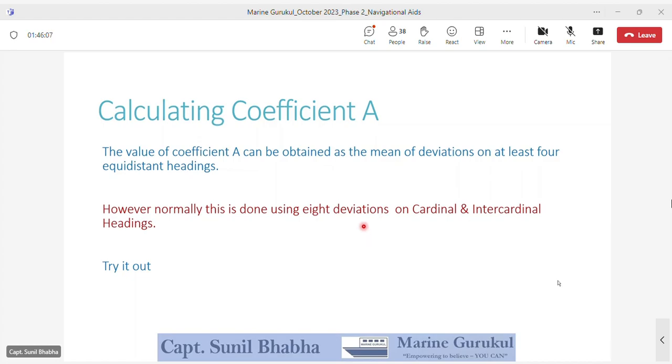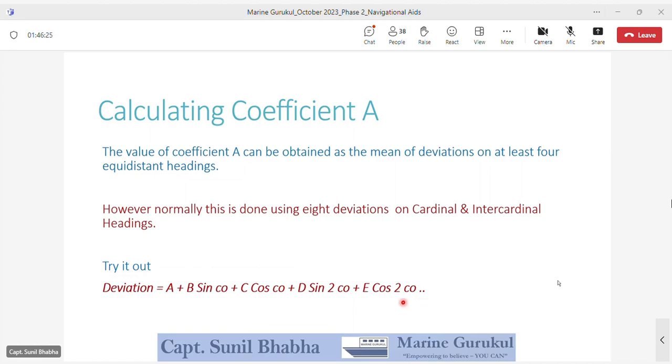Now you can easily test out this method using this formula. This is the same formula which I showed you. Deviation is equal to coefficient A plus B sine cos plus C cos cos plus D sine 2 cos plus E cos 2 cos.